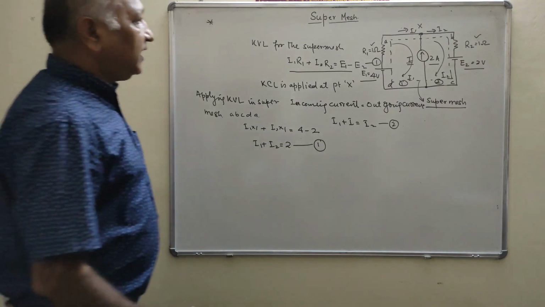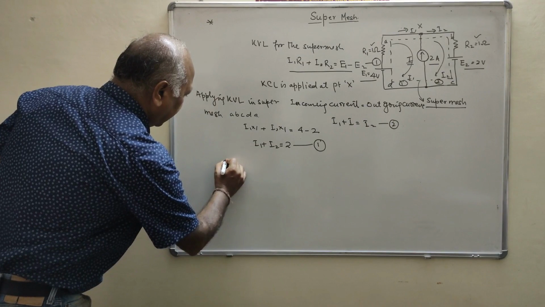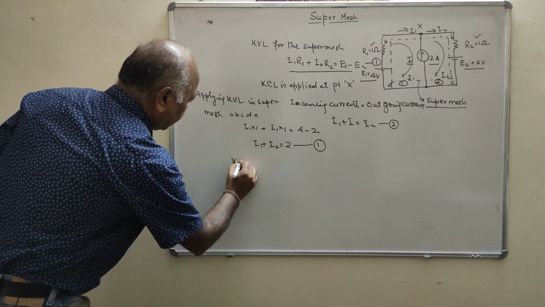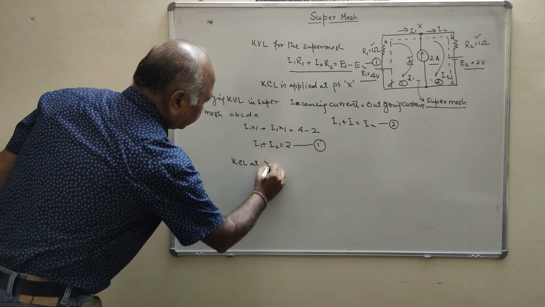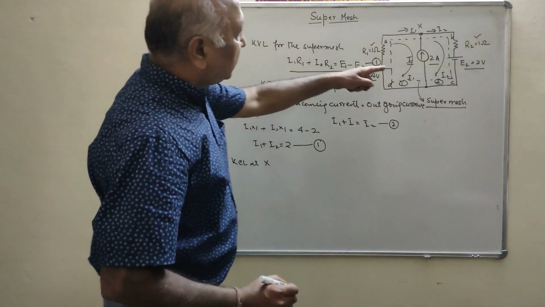Now we apply KCL at X. Incoming current is equal to outgoing current.